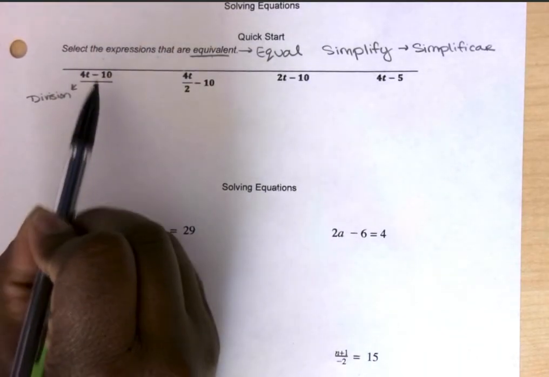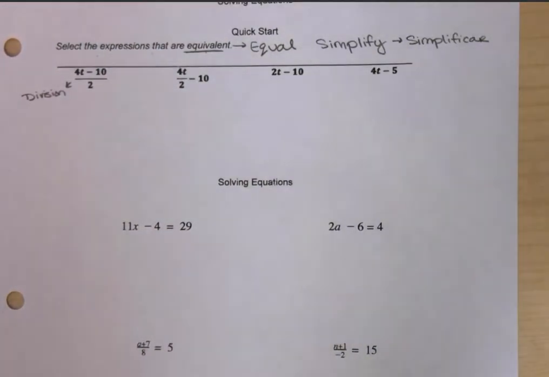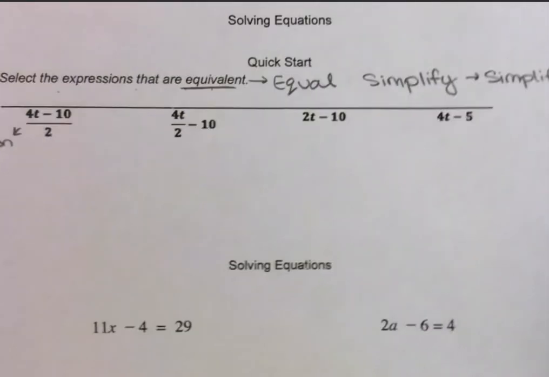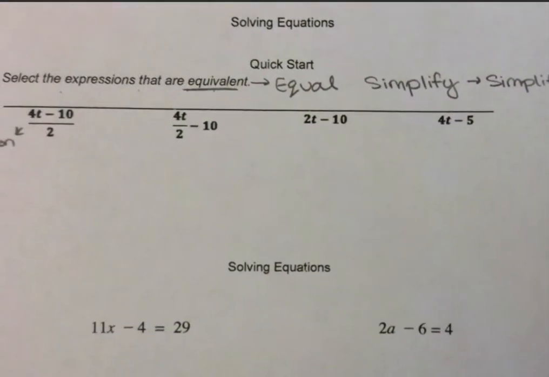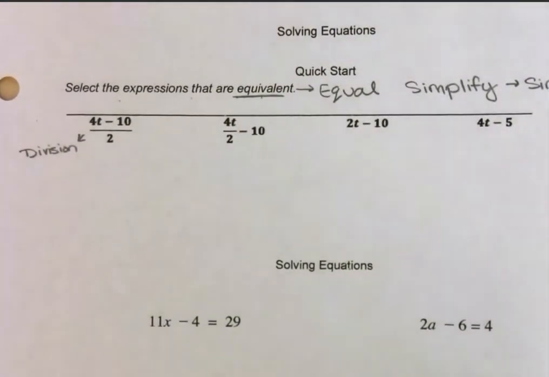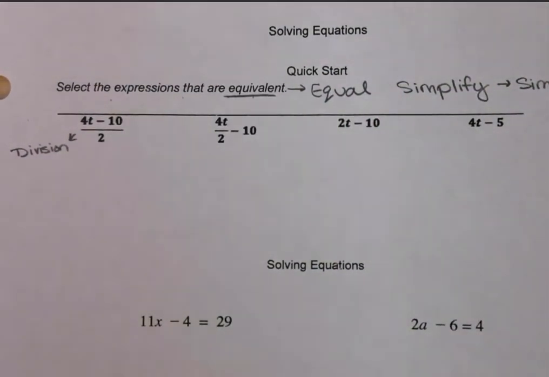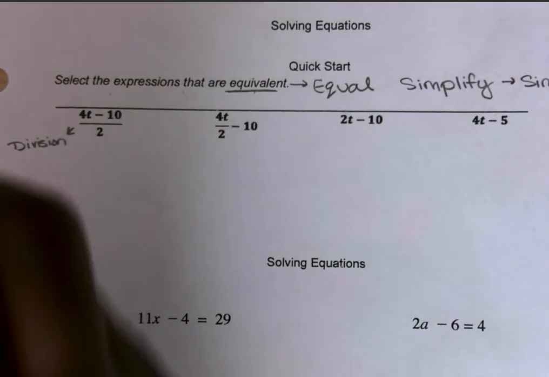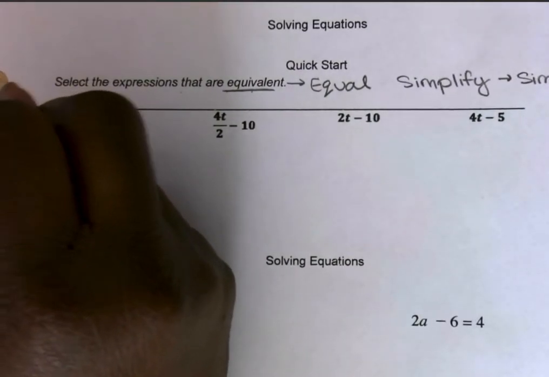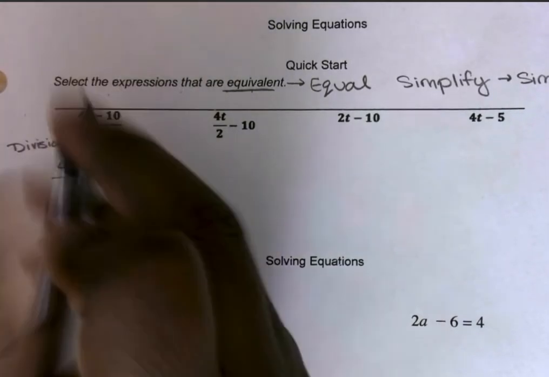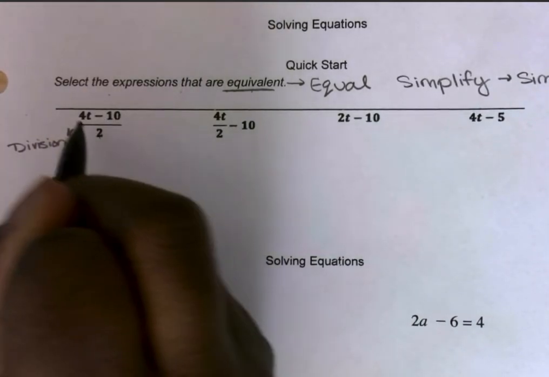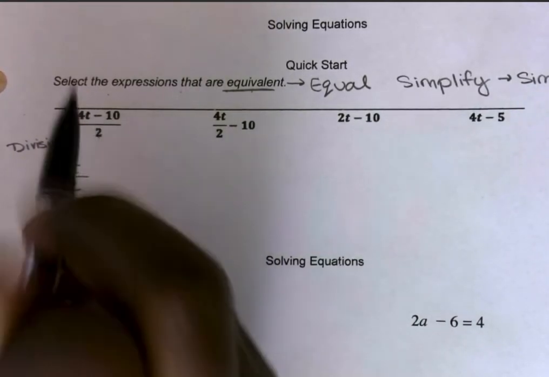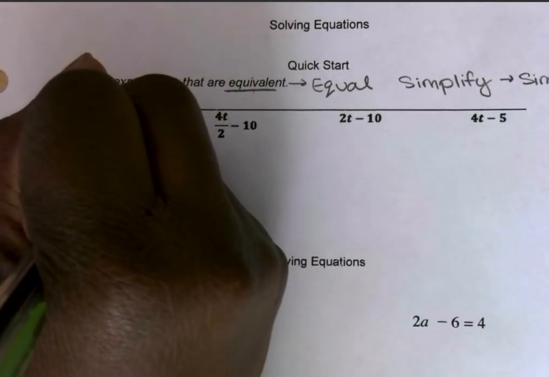And what I'm going to do is I'm going to split them up. All right, so when we have our division here, we're going to split it up because this 2 is being divided by the 4t, but it's also being divided by that negative 10.